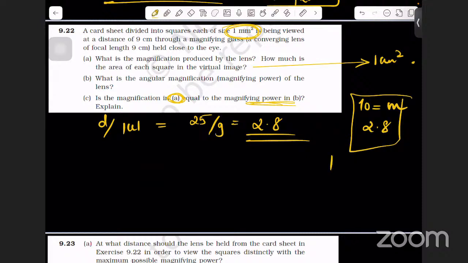Magnification is mod v by u and magnifying power is d by mod u. When do you think the two quantities will be equal? When v will be equal to d. That is, the image will be formed at the near point of the eye. Then only these two will be equal. So in this case, these two are not equal.